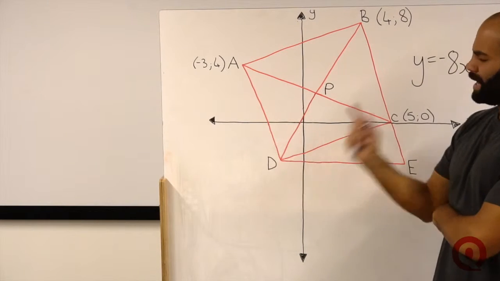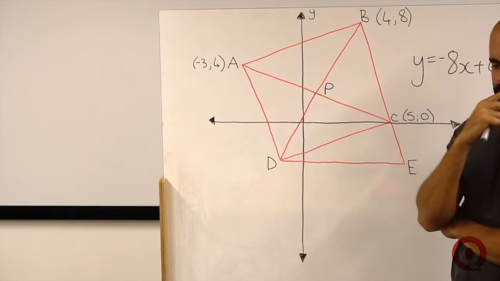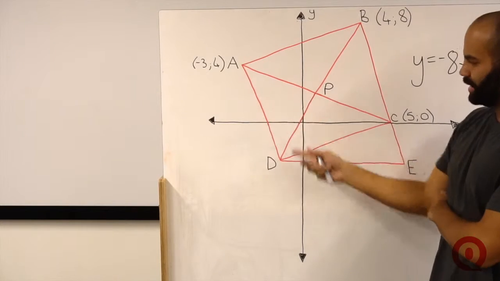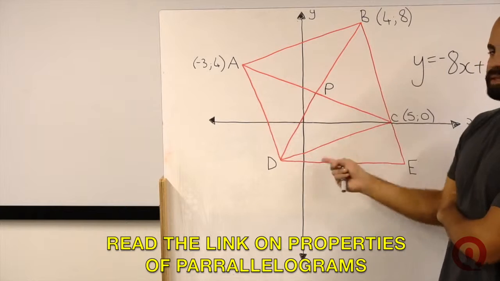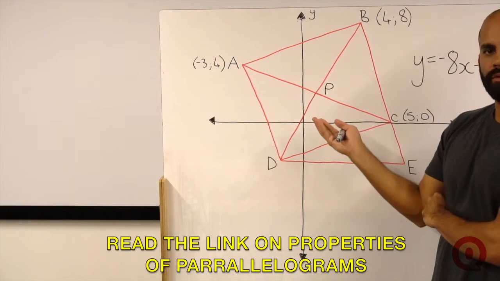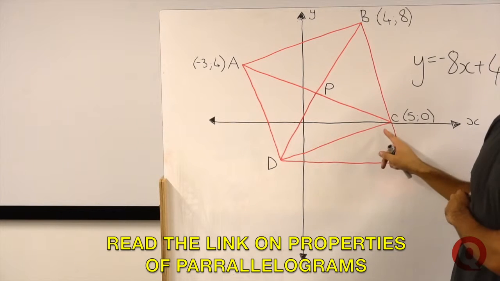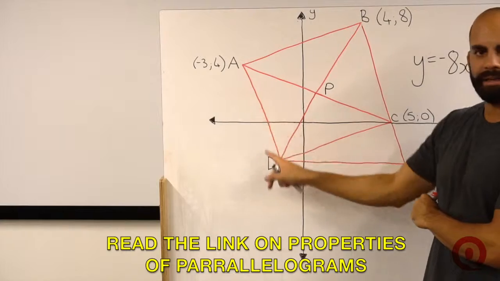A sort of sits on the same line as D. What could I possibly use out of my toolkit to try and solve this? Well, in the question, they told you that this is a parallelogram. So you know that opposite sides are equal in length. So you know that AB is equal to DC, and you know that BC is equal to AD.